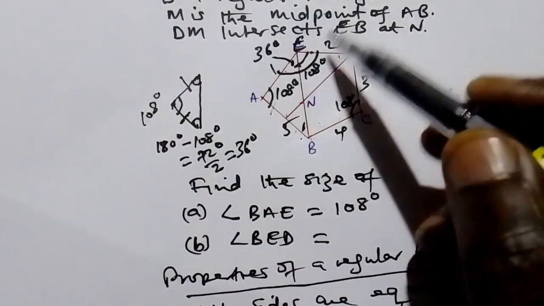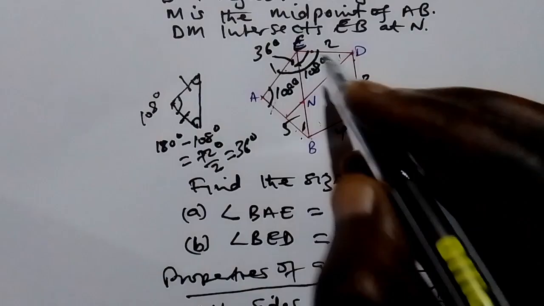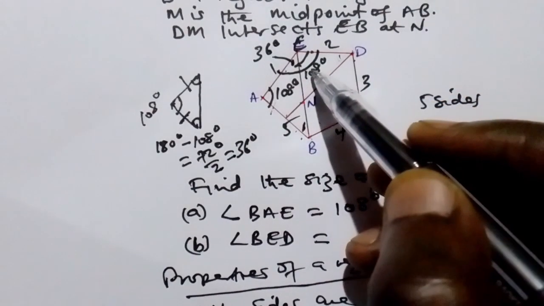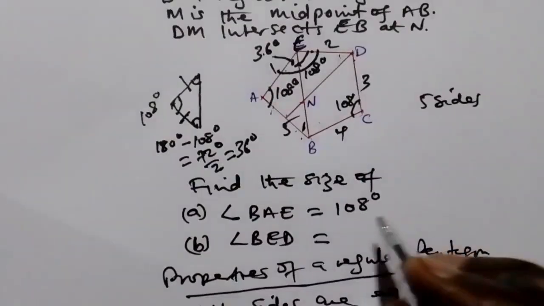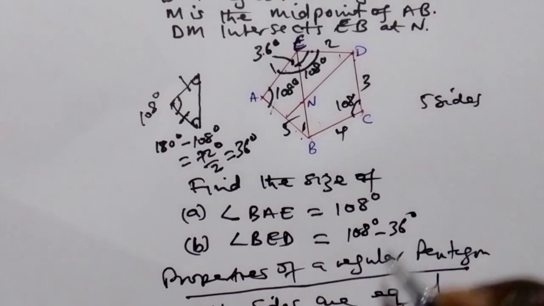So for us to get angle BED, BED is going to be 108 degrees minus 36 degrees.